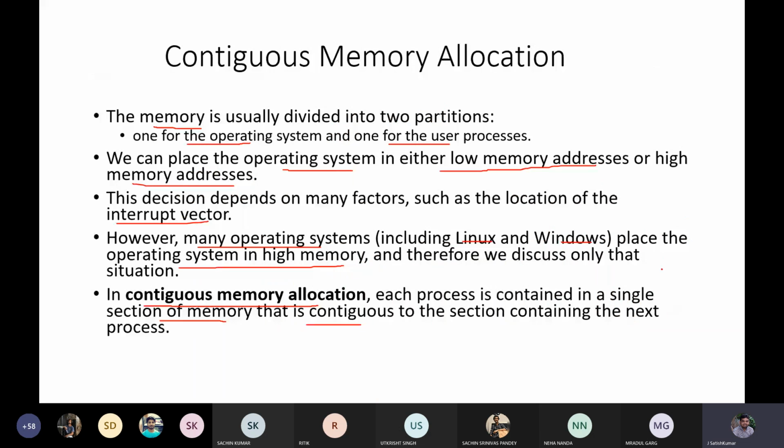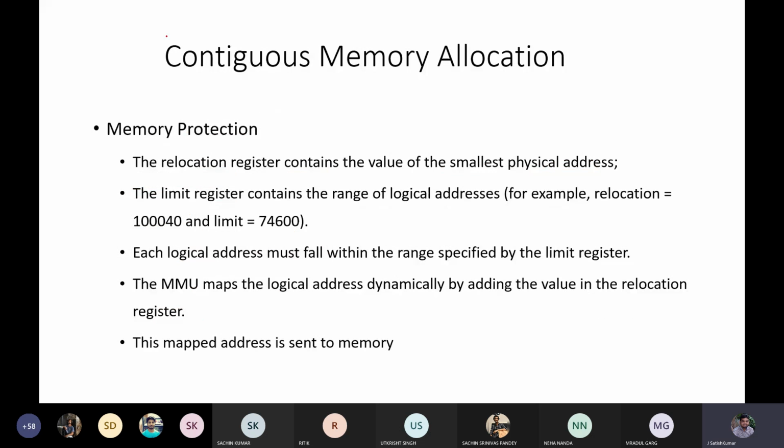So in continuous memory allocation, each process is contained in a single section of memory that is continuous to the section containing the next process. We need to understand memory protection first, because whenever you allocate some memory to a particular process, it should not be tampered with by another process.